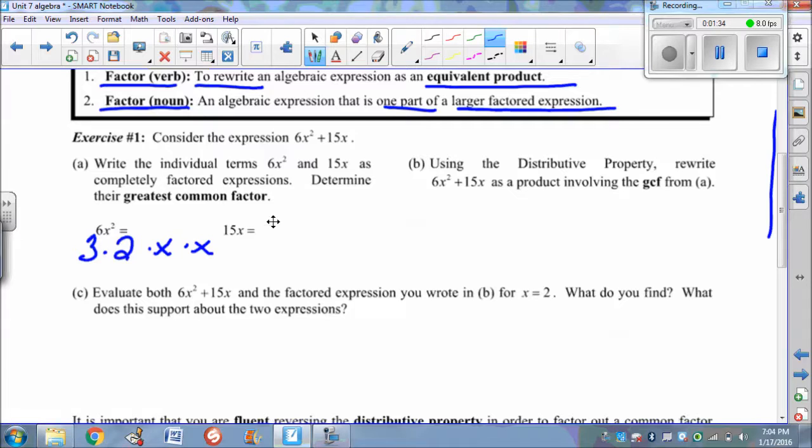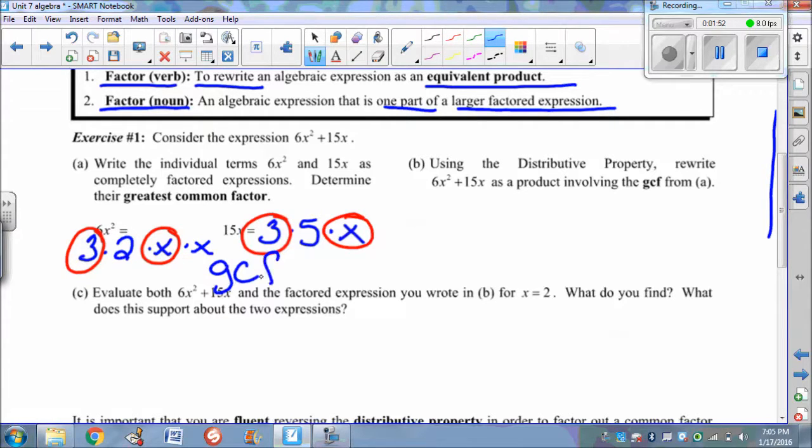And 15x is made up of 3 times 5 times x. So now when I think about what they have in common, they share a factor of 3, and they also share 1x in common. So the GCF for these 2 terms would be 3x.